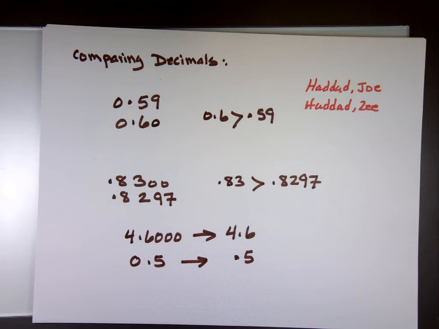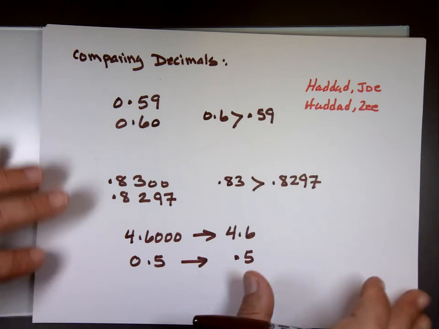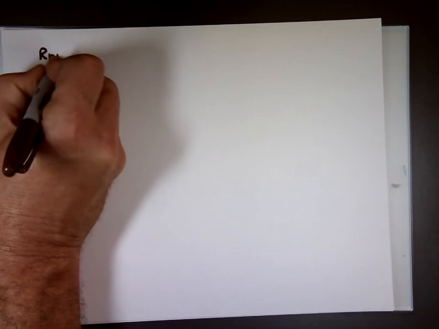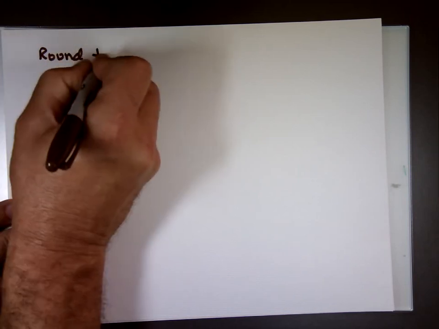You want to know the place value because they're going to ask you to round. And if you remember, the rule for rounding is what? 5 or more, you add 1. So round to nearest tenth.